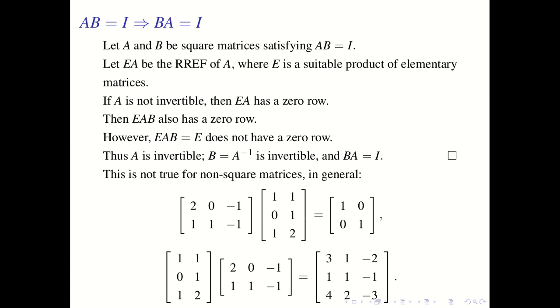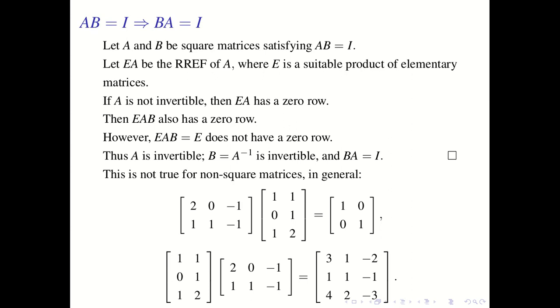So what we have shown here is that if AB is identity, then BA is also identity. If you take a matrix which is not a square matrix, this need not necessarily be true. AB is an identity matrix of that size, but that does not necessarily imply that BA is, if BA makes sense.